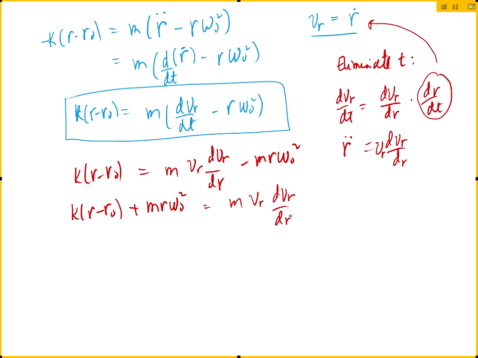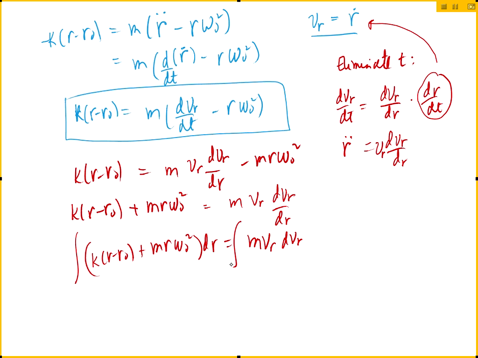Now, does it look like it's separable? So how do I separate? I'll just multiply everything by dr. It's going to be [k(r minus r naught) plus m r omega naught squared] dr equals m VR dVR.